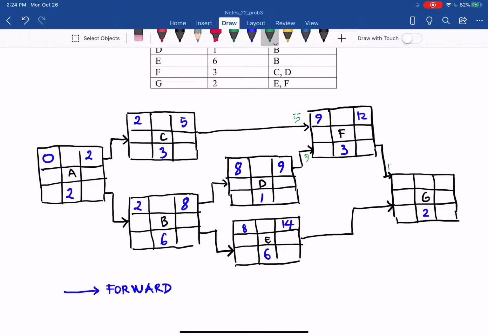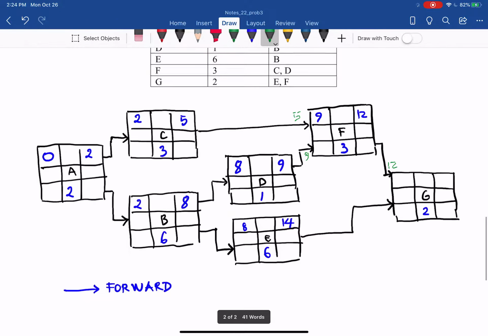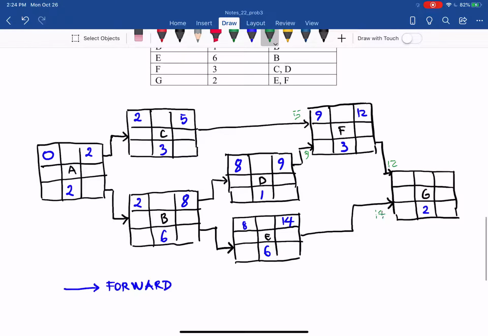From F to G it is 12. From E to G it is 14. So you get a maximum of 14. Plus 2, you have 16. So you see the same as in problem 1, the project duration is 16.